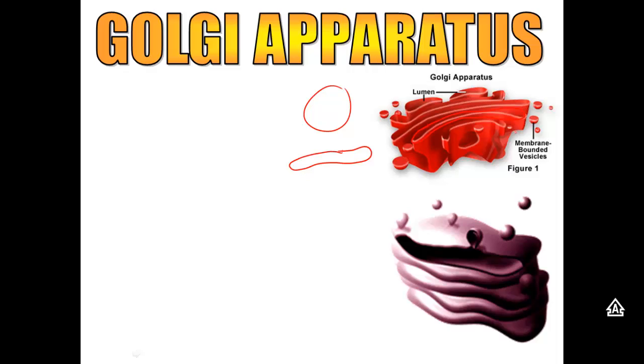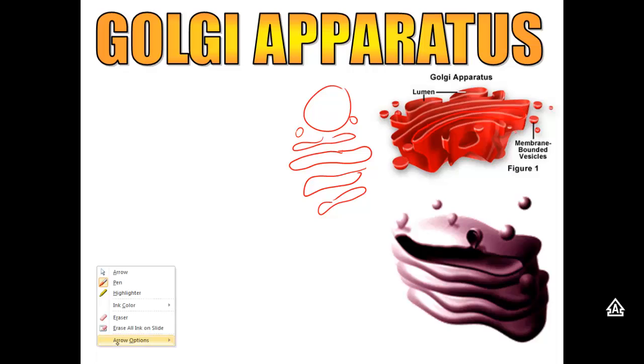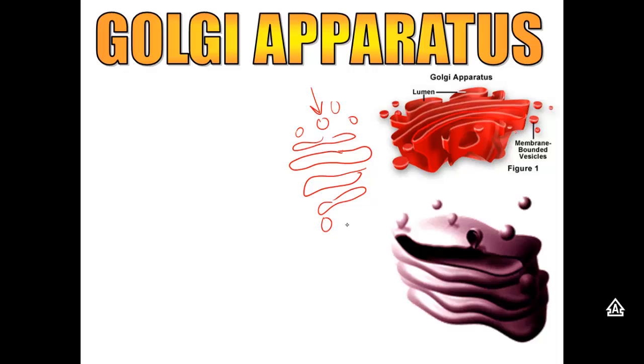And the Golgi is easy to recognize because there are always many vesicles on either side of it. The vesicles are bringing proteins and hormones towards the Golgi, and then the Golgi, once it's modified those proteins and hormones, sends vesicles out to the plasma membrane.